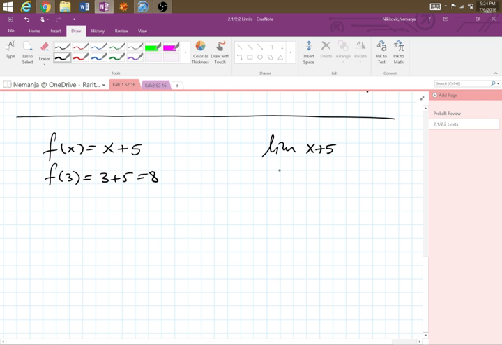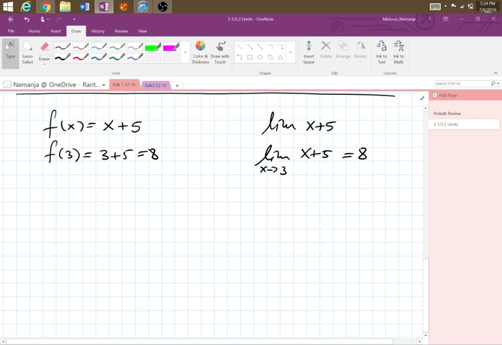On the other side, I'm going to say the limit of x plus 5 as x goes to 3 is 8. And now we're going to have two completely different mechanics here. On the left, I already had this earlier.